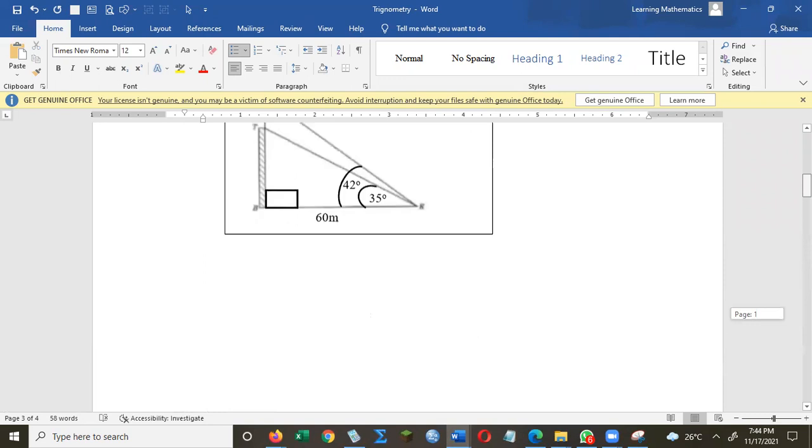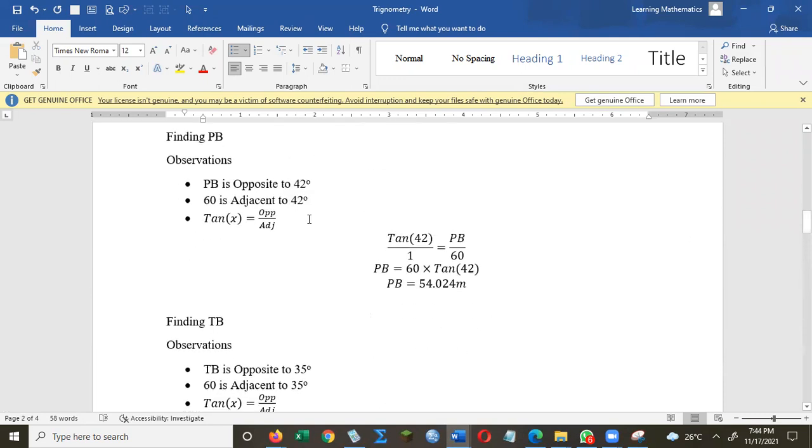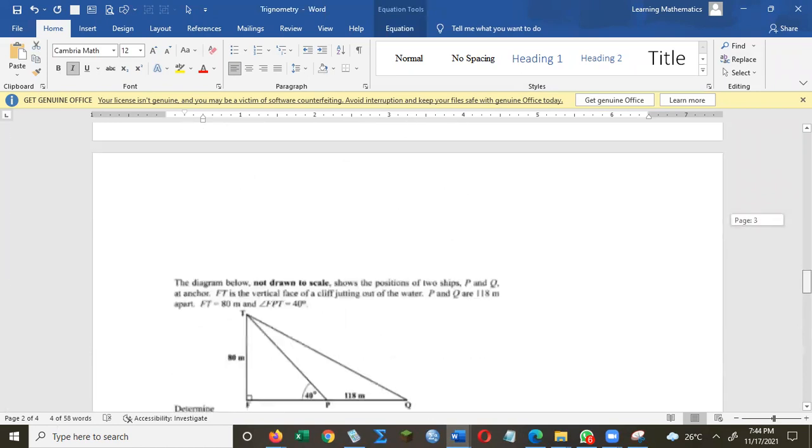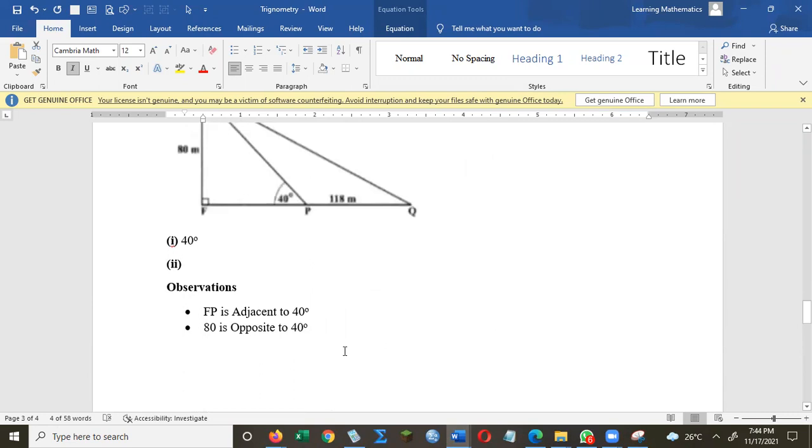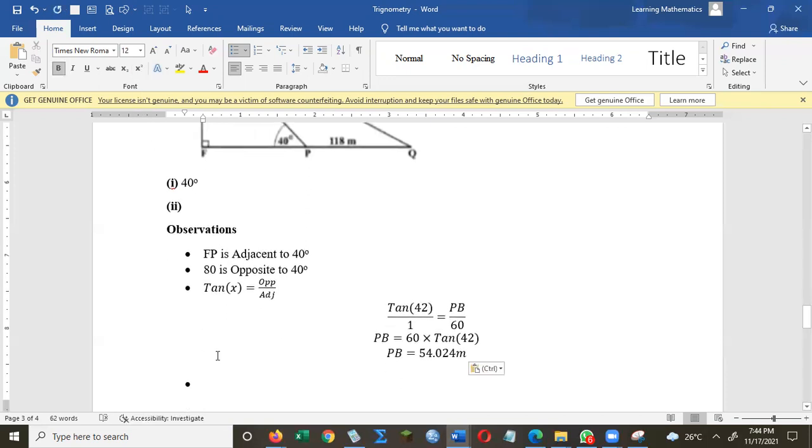So we are using tan again, coincidentally. Just copy and paste this there. So tan of x is equal to opposite over adjacent.